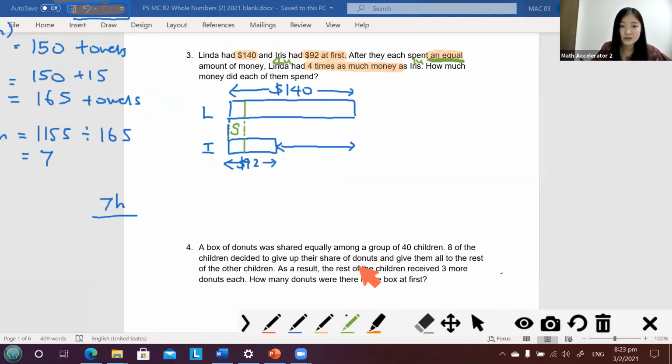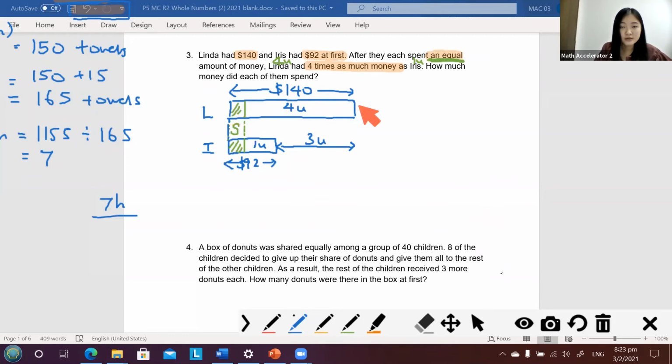After they spent, after they spend this green portion here, Iris is left with 1 unit. Linda, 4 units. So what's the difference here? How many units? Okay, good. 3 units, yes. 4 minus the 1 unit. 3 units.